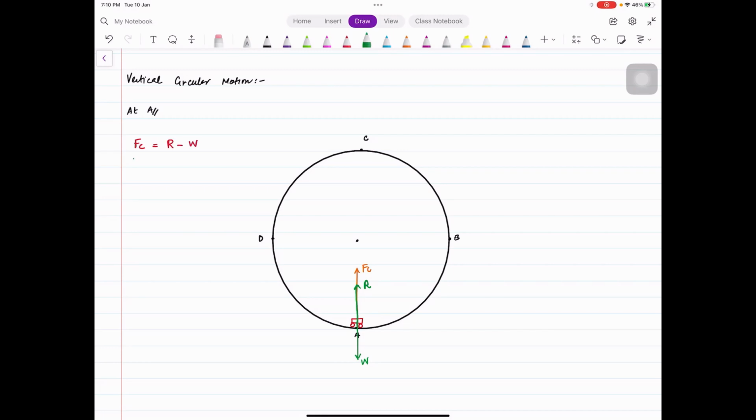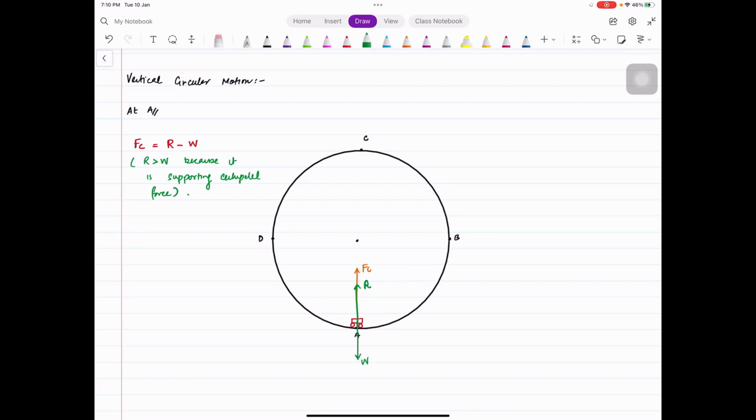Now, the reason why R is greater than W is because it is providing centripetal force, so we need to understand that the resultant has to be upwards like that, right?